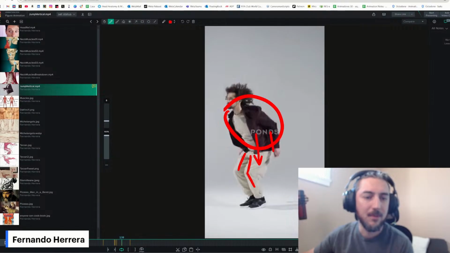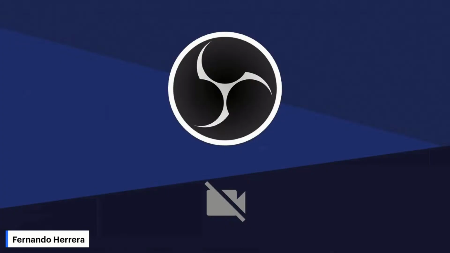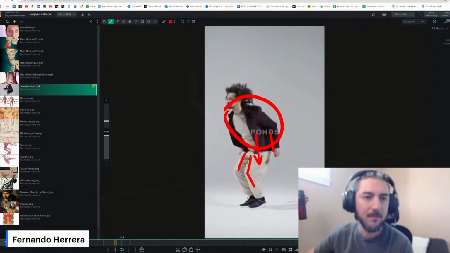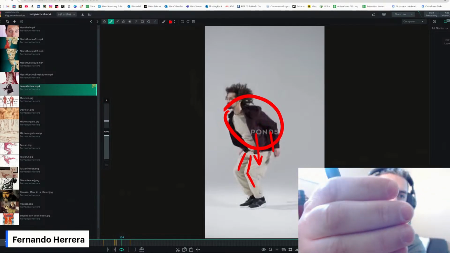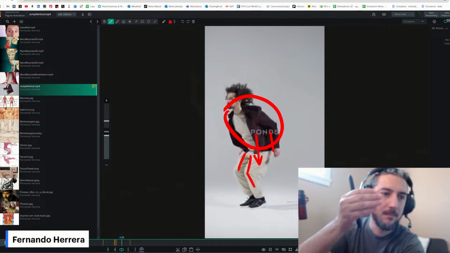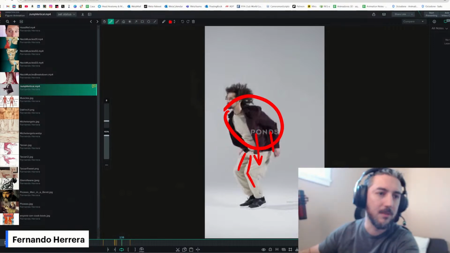Let me try to do something here. Maybe if I stop my camera. Okay. Cool. Maybe that improves my focus. It doesn't. Kind of.